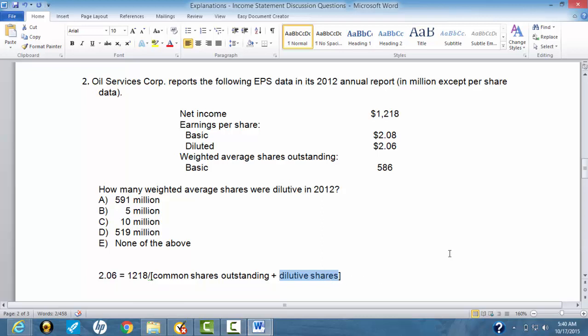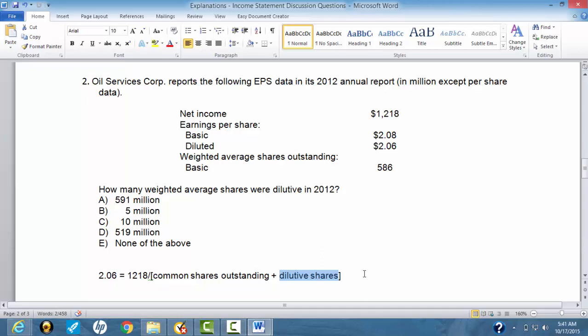Remember that dilutive shares are potential shares. For example, stock options. Another example of dilutive shares are convertible bonds. When the bonds are converted, they become shares. So they are potential shares, not yet shares. So we need to capture all those securities under dilutive shares and add them to common shares outstanding.